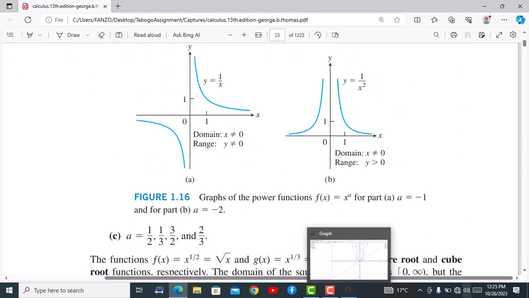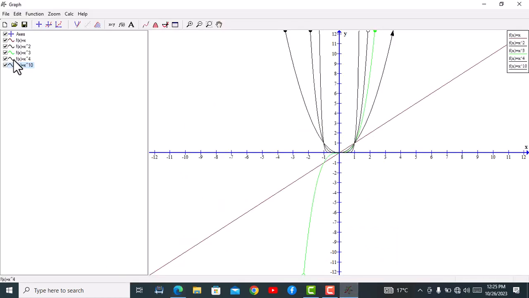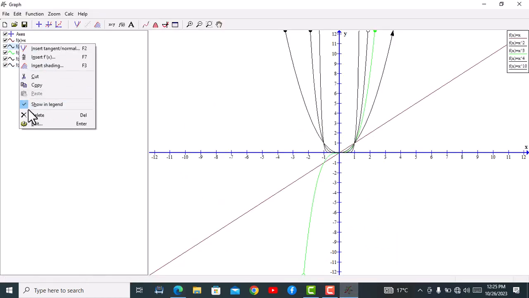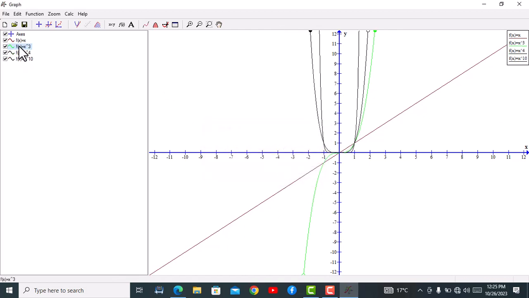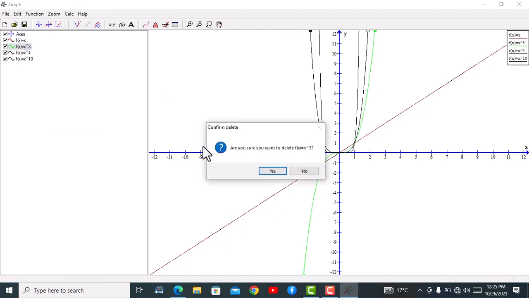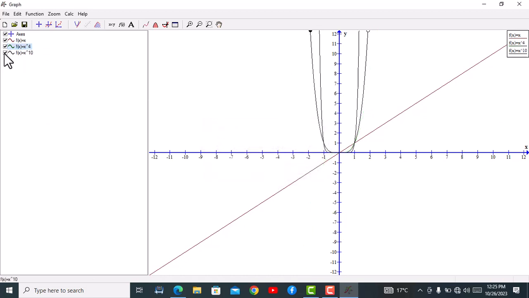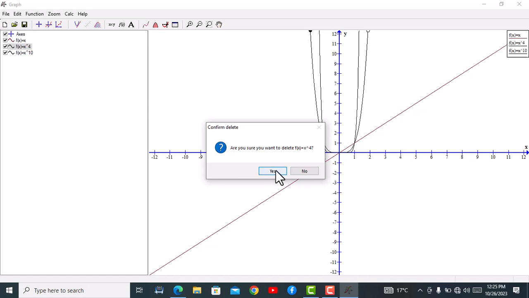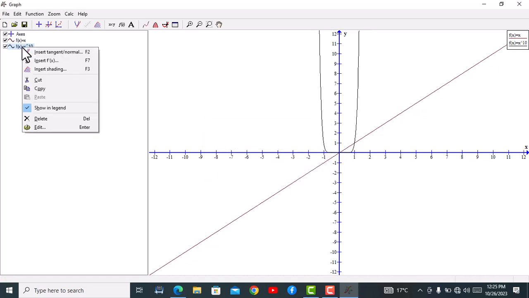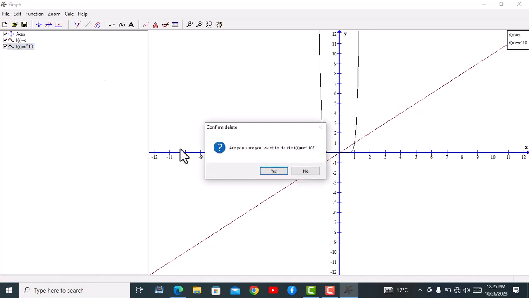Okay, that is fine. Let me just come here. I just want to delete these, and also delete this one and that one.